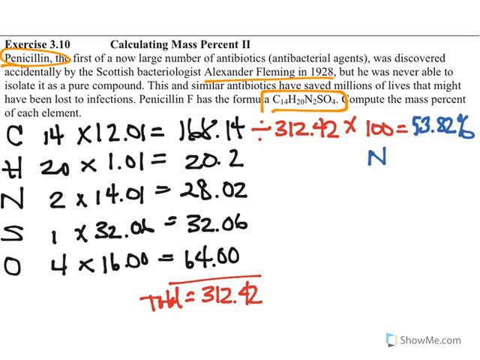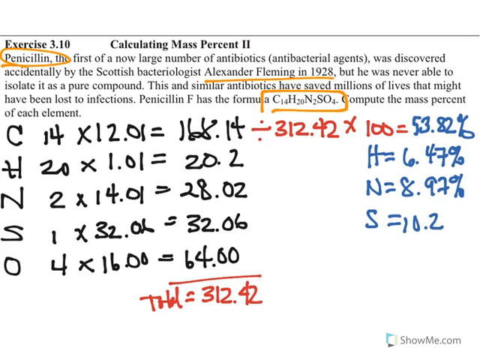For the hydrogen, that is going to be 6.47%. For the nitrogen, that is going to be 8.97%. For sulfur, you should have gotten 10.26%. And for oxygen, you should have gotten 20.49%.